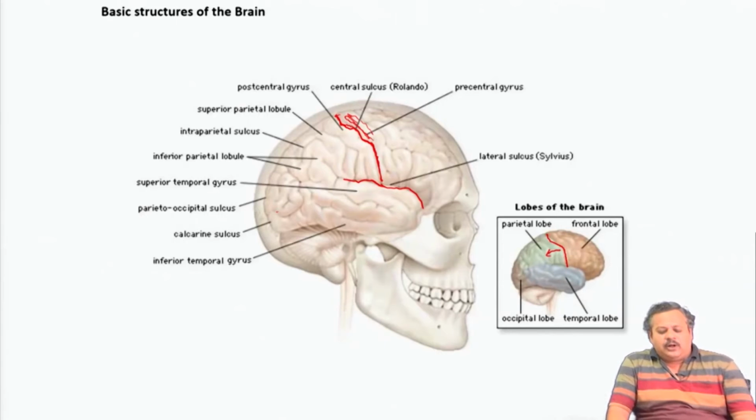And within the temporal lobe, the parietal lobe and the frontal lobe, there are many different gyri, each of which contains various different structures or processing centers. For example, the superior temporal gyrus contains the area that processes auditory information.